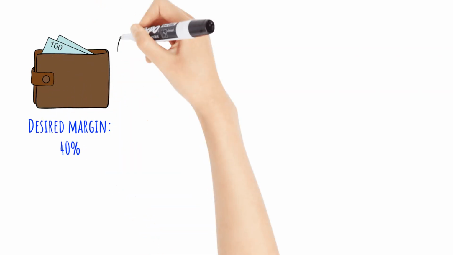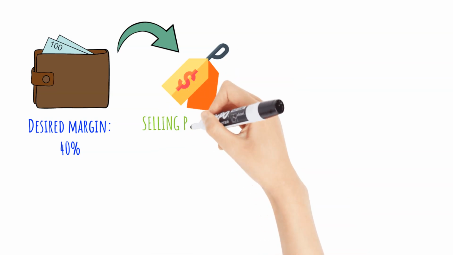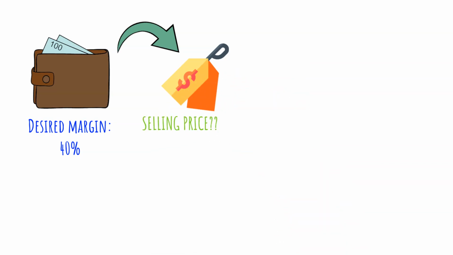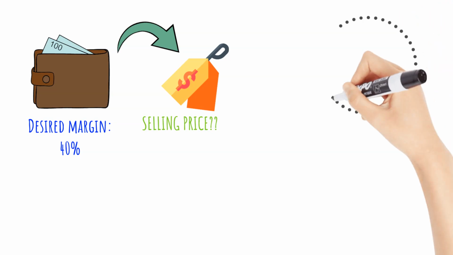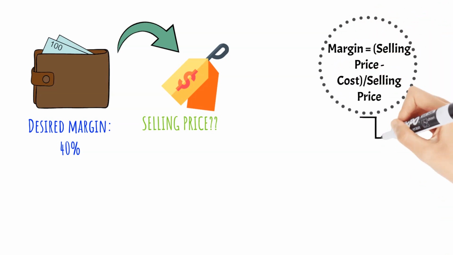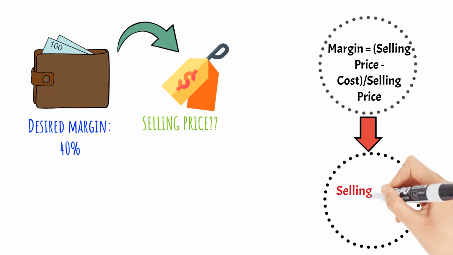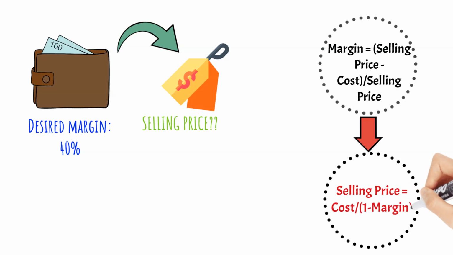If you want to achieve a 40% margin, your profit must be 40% of the selling price. Let's do the math. The formula for calculating margin is selling price minus cost, then divided by selling price. In simpler terms, to find your selling price, you divide your cost by 1 minus the desired margin.